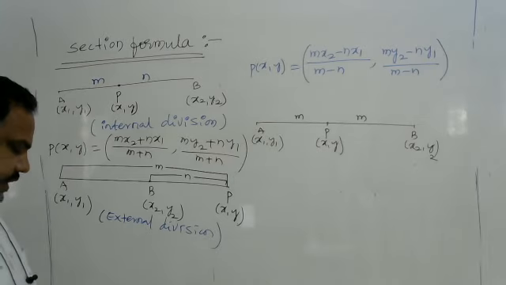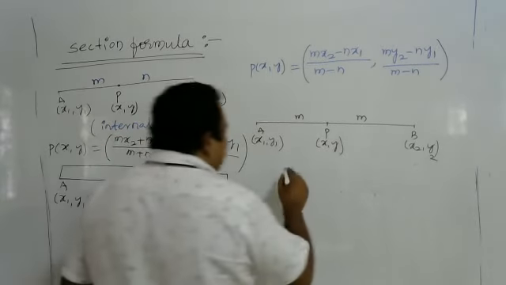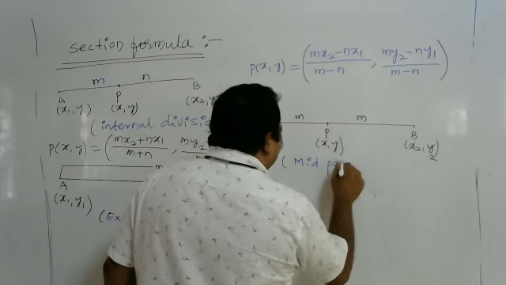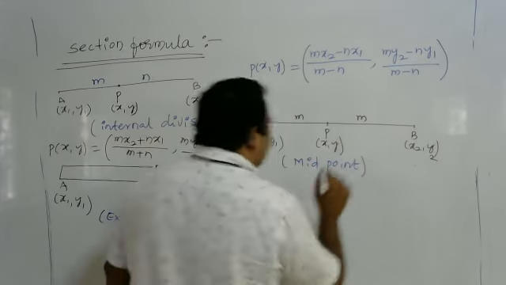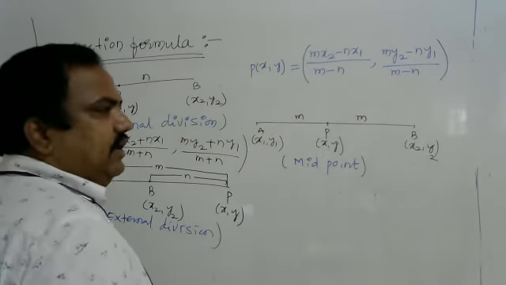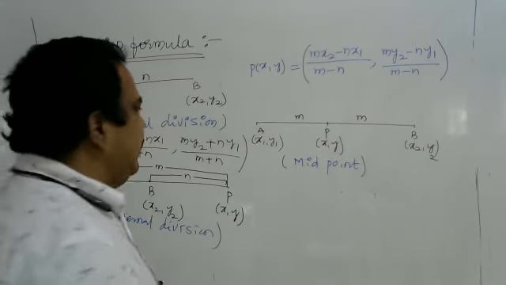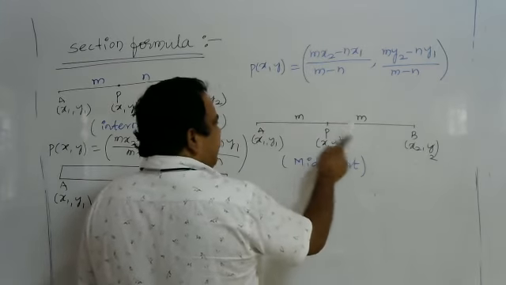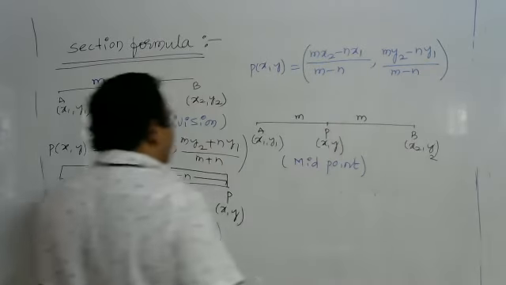So in this case this division is internal division only, but this division is known as midpoint. So the point is in between exactly with the same ratio, m is to m only, therefore this should be the midpoint.